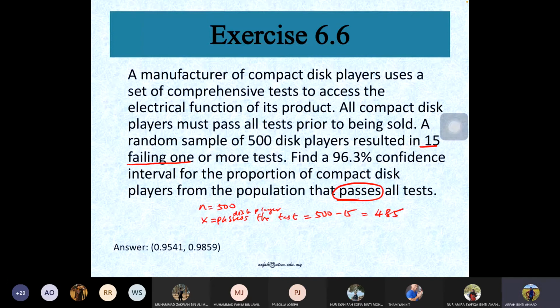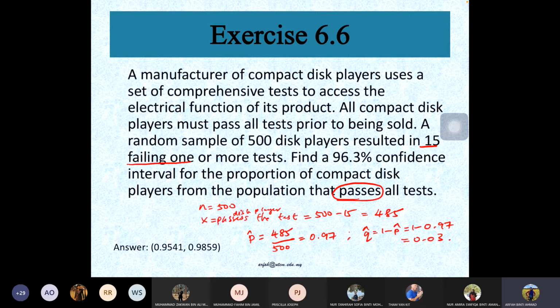Okay. So, X passes, so P hat, the proportion that we are interested is the one that passes. 485 over 500. So, you will get this one equal to 0.97. Okay. So, the associate Q akan sama dengan 1 minus P hat, 1 minus 0.97 equal to 0.03.